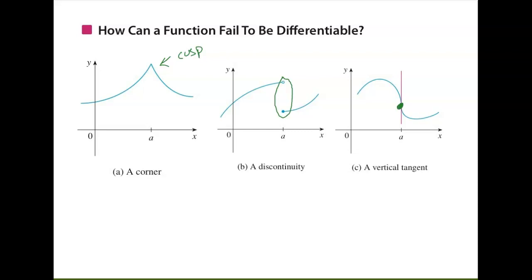Because remember what a derivative is, it's a slope. So if the slope is vertical, what's the value of a vertical line? It doesn't exist. It's infinite, right? This is an example of a function that is continuous, but not differentiable at the corner.